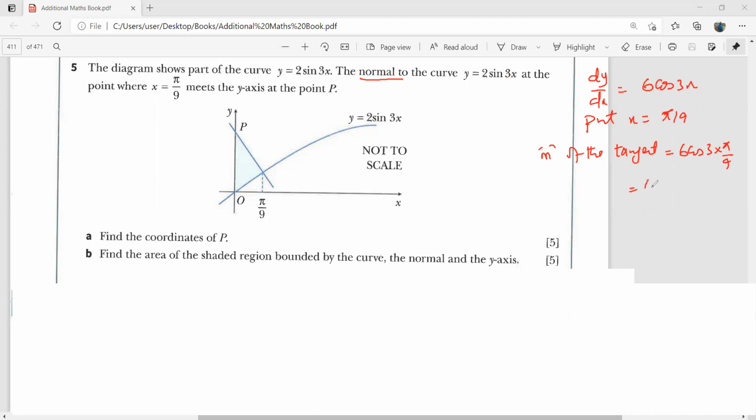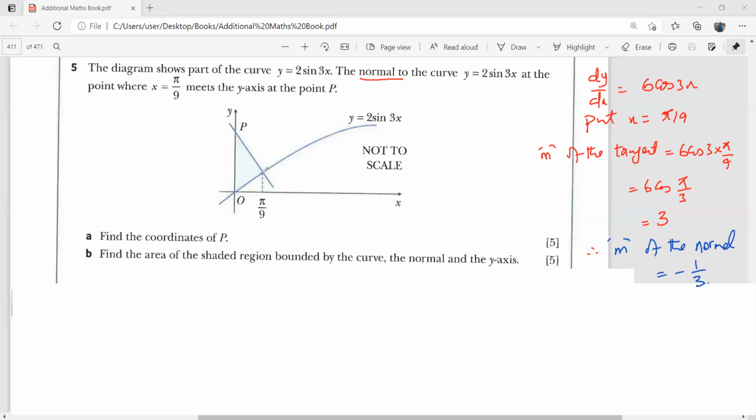That is going to be 6 cos pi by 3. And we know that cos pi by 3 is half. So this is going to be 3. Okay. Now, therefore, the gradient of the normal would be equal to minus 1 over 3.